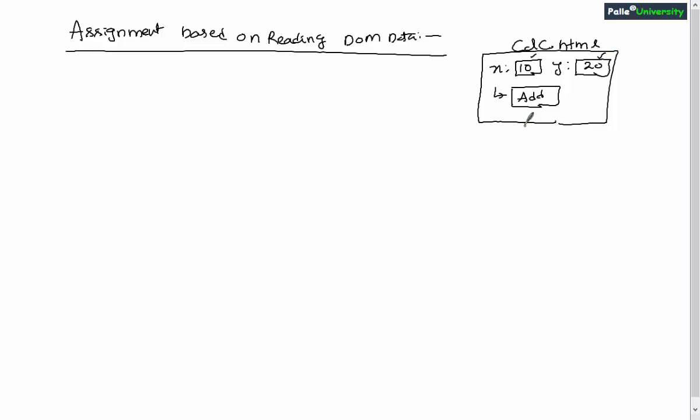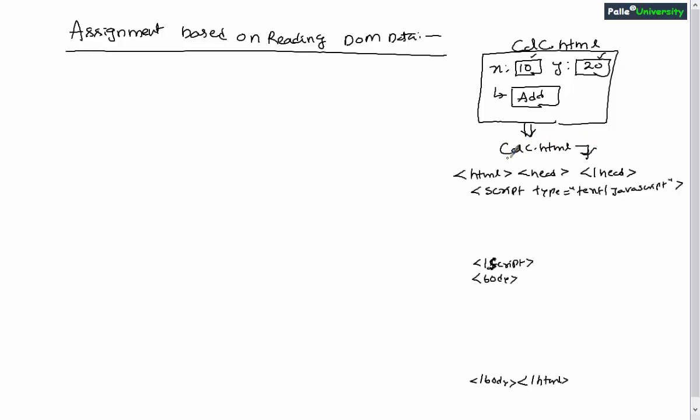Now in order to get the user interface something like this, obviously in the calc.html file we must write the code approximately something like this. The HTML file must contain HTML tag, head tag and maybe script tag and a body tag, and inside this body tag probably you will be defining X text box like this.